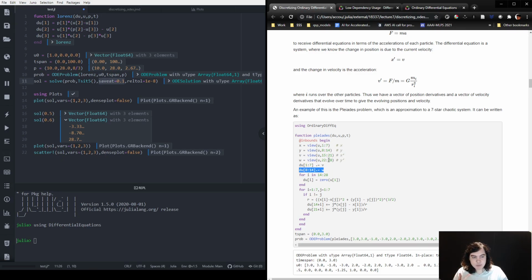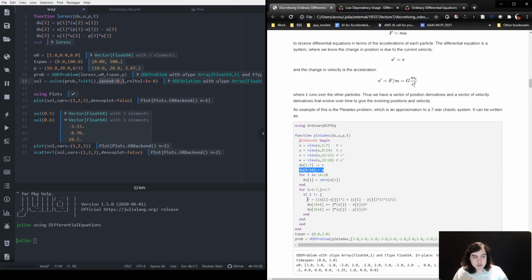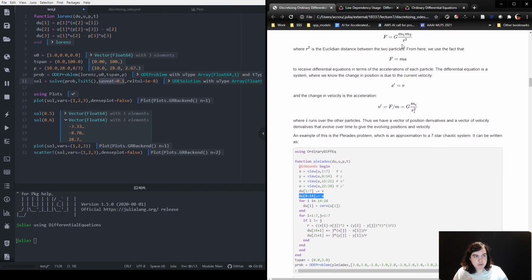Now the next thing I want to do is evaluate Newton's laws between all of these given bodies. So what you first have to do is calculate the radius, which is the Euclidean distance between the different planets.